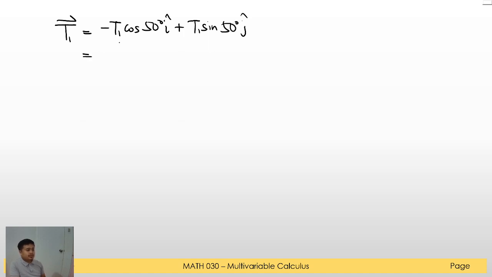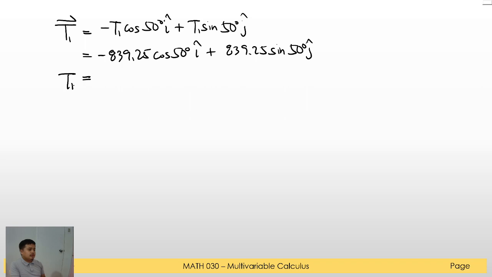We already know T1, which is 839.25, so we substitute it.